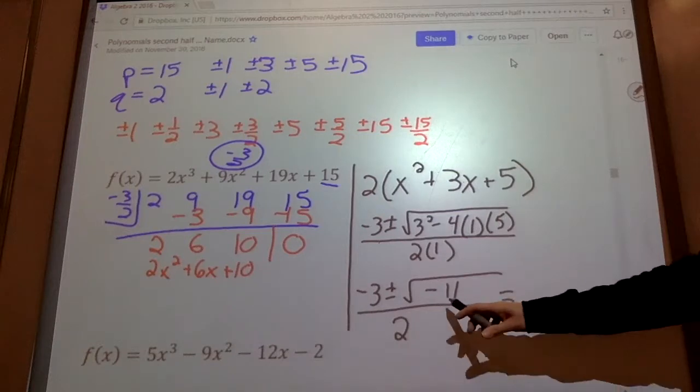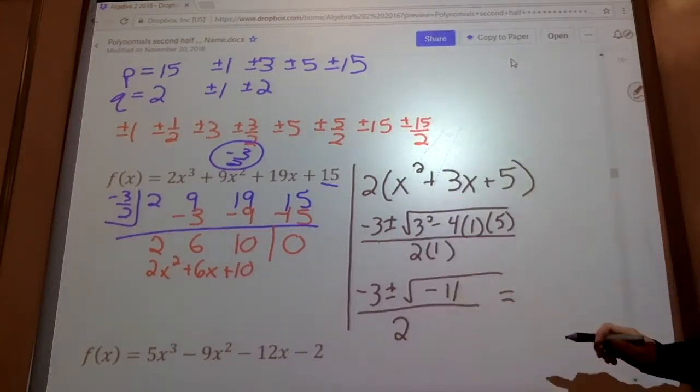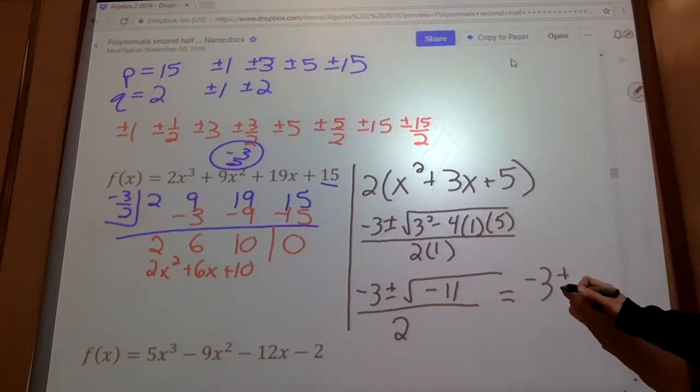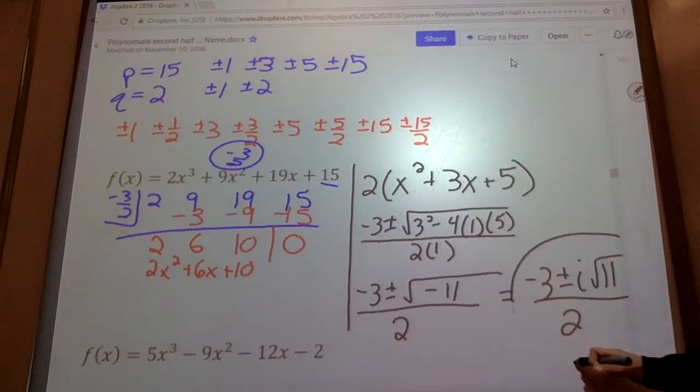Right? So I need one more step because whenever I have a negative underneath the radical, you gotta take an i out. Very good. -3 plus or minus i root 11 over 2.